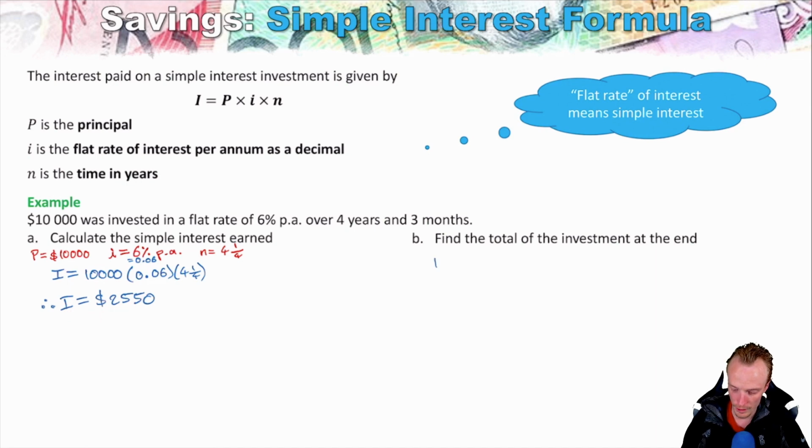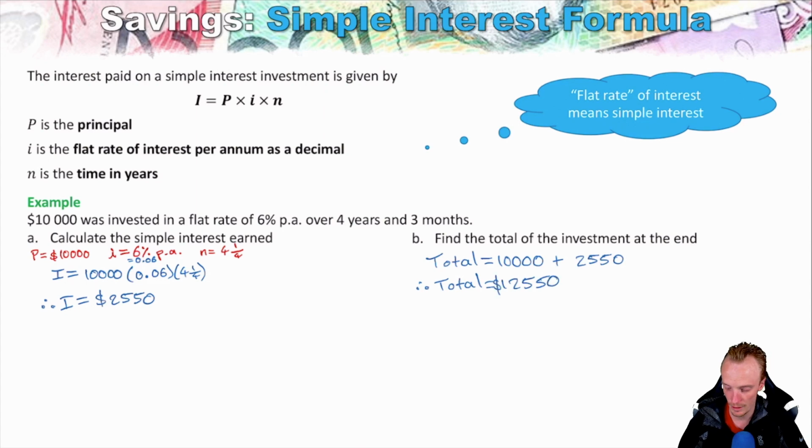So the total will be equal to what we started with, which was $10,000, and added with $2,550. So therefore our total here is $12,550. Important that we include units here, so let's whack that sign in there. So that's how we use the formula if we want to calculate the interest earned.